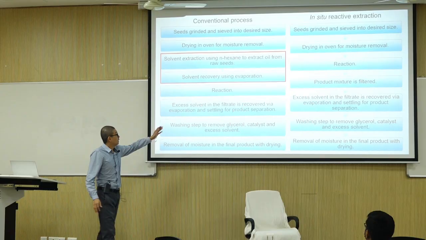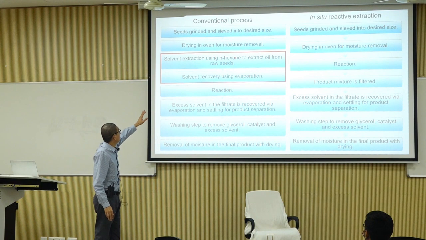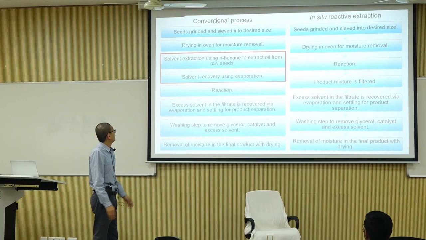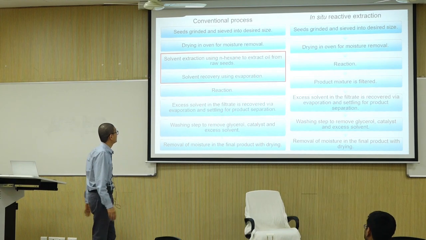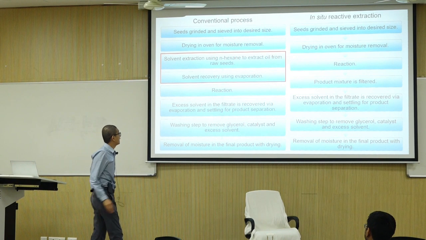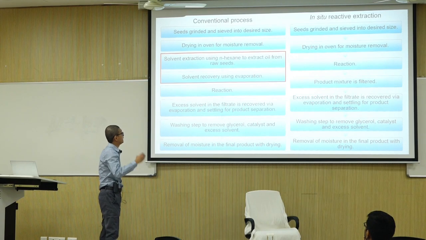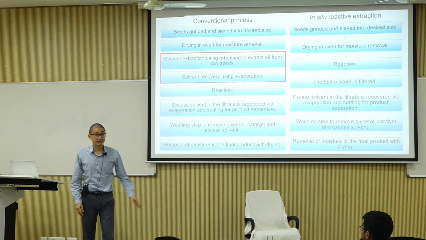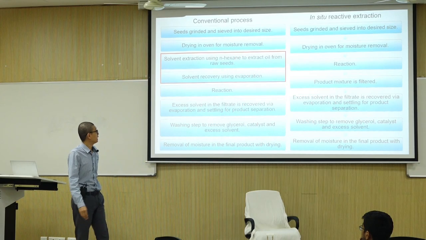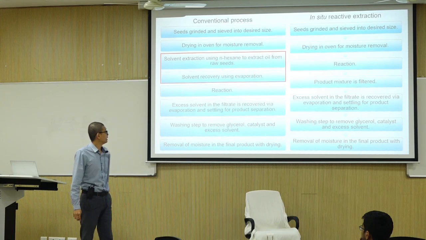From the conventional process, the jatropha seeds need to go through grinding and drying. This is still the same process. After that, we need to use n-hexane to extract the oil from the raw seeds. This is the chemical solvent extraction process. Then we need to recover the solvent using the evaporator.